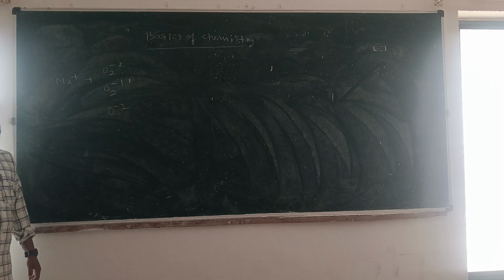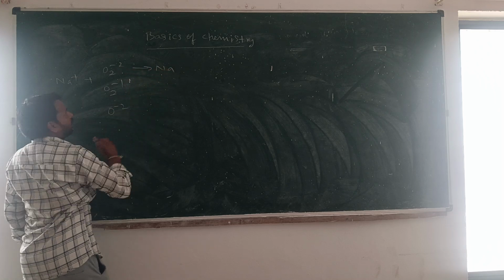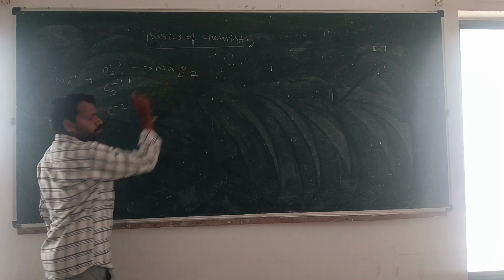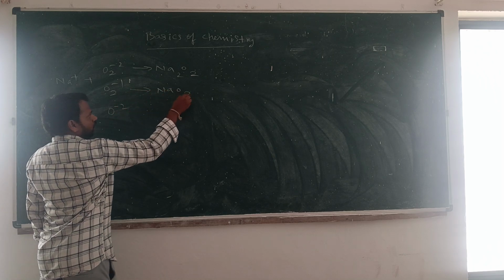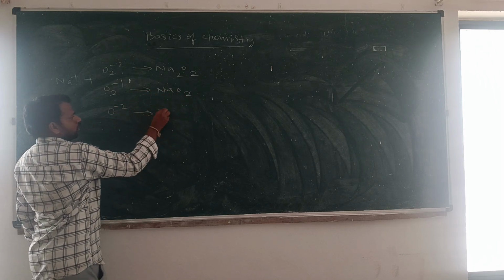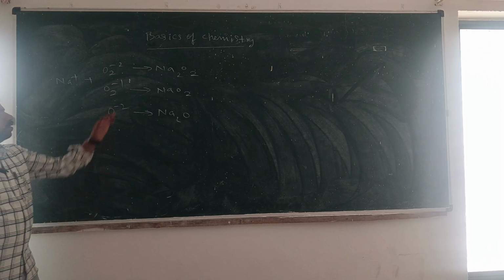When combined, they form Na2O2, NaO2, and Na2O. All are oxides, but what are they?